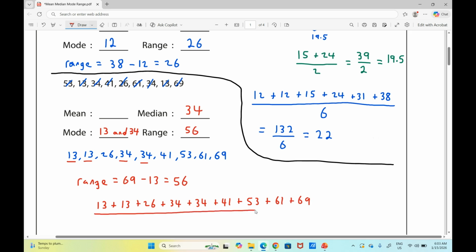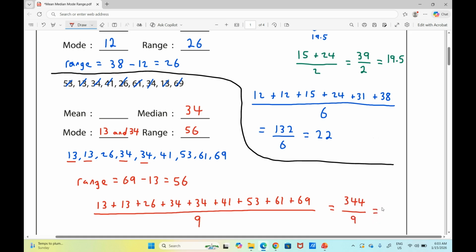total number of data points, which should be 1, 2, 3, 4, 5, 6, 7, 8, 9. 9 data points. Okay, so if I add everything together, I'm going to get an answer of 344. So I'm going to take 344 and divide it by 9.